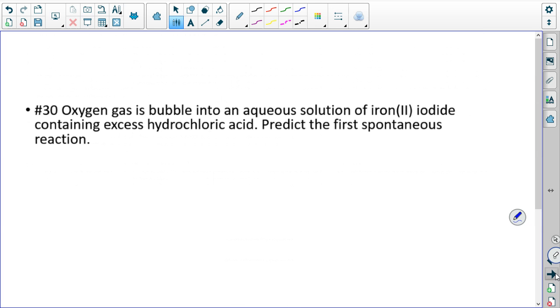We already did it. Oxygen gas is bubbled into an aqueous solution of iron 2 iodide containing excess hydrochloric acid.